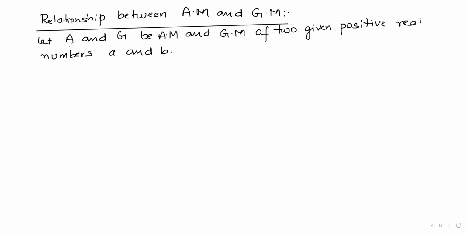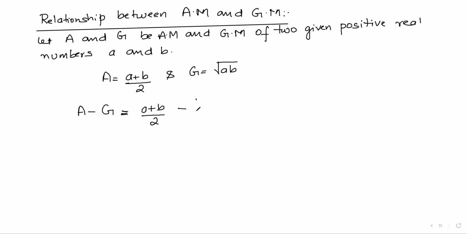We have assumed that A is the arithmetic mean and G is the geometric mean between the two given real numbers a and b. So A is equal to (a plus b) by 2 and G is equal to under root of ab. Now if we find A minus G, then A minus G is equal to (a plus b) by 2 minus under root ab. Is this clear?